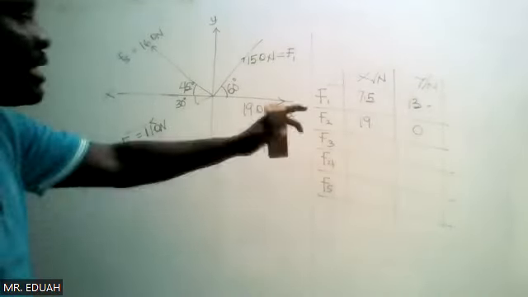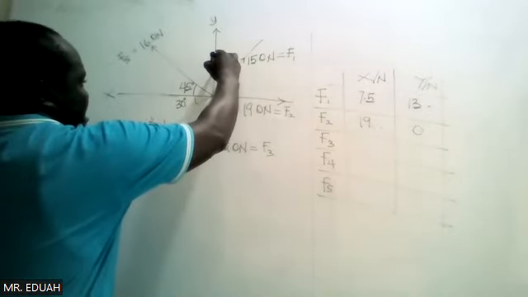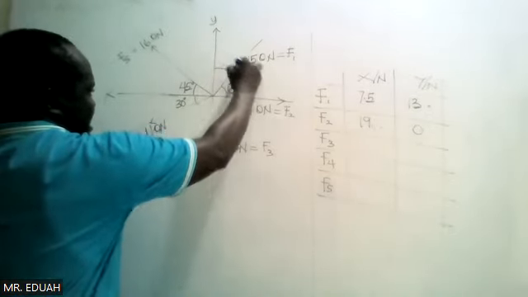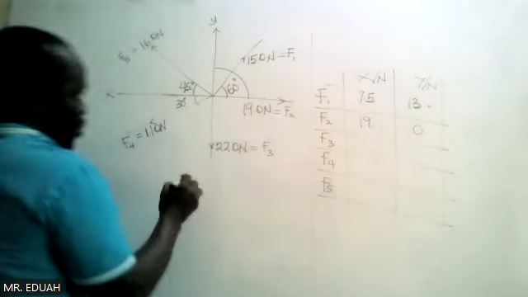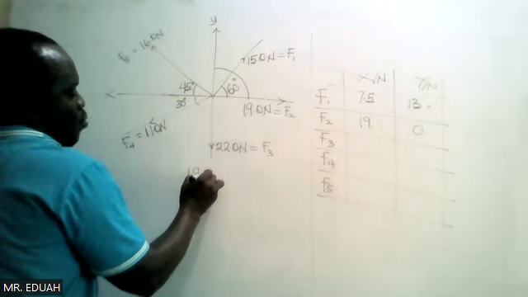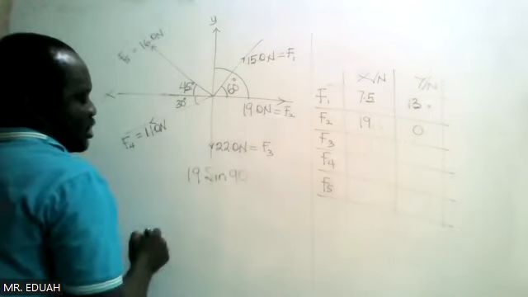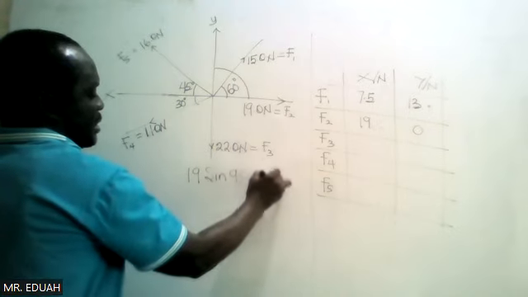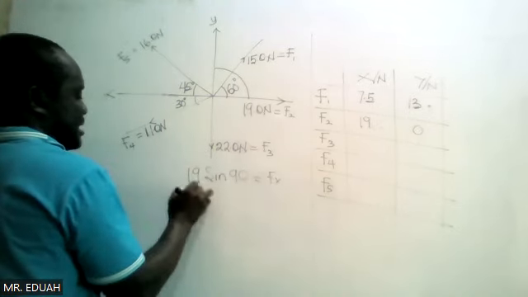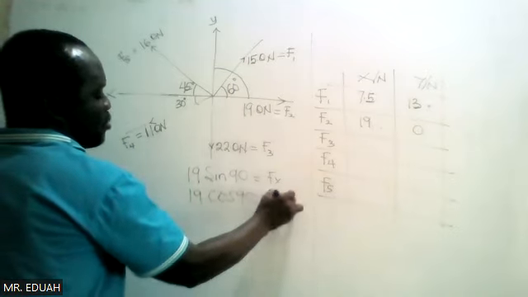Another way you can do the same thing is that it makes an angle of 90 degrees with the Y axis. So 19 sine 90 is the X component, and 19 cos 90 is the Y component.